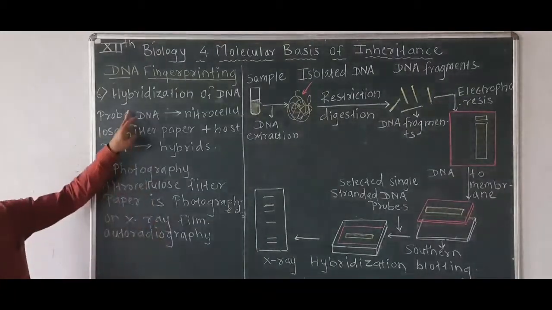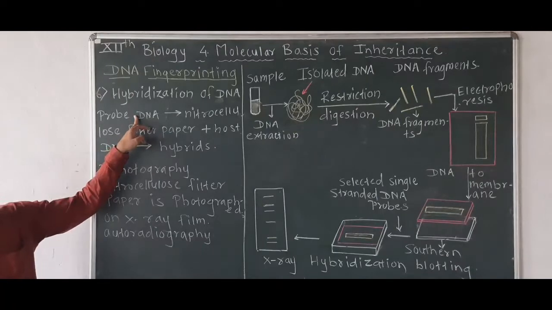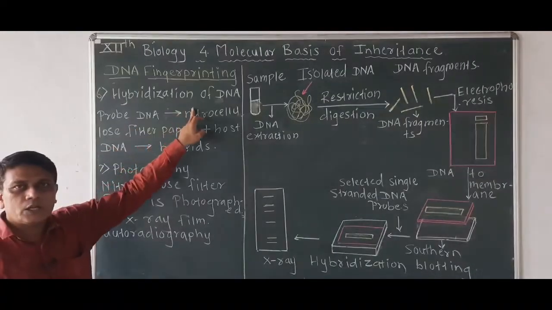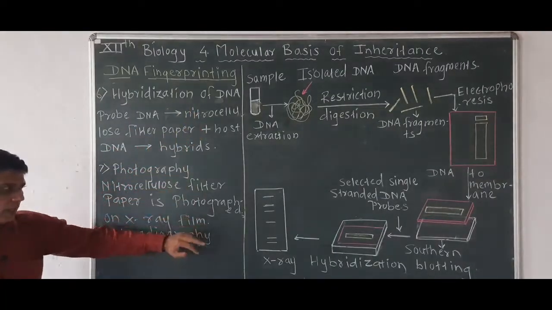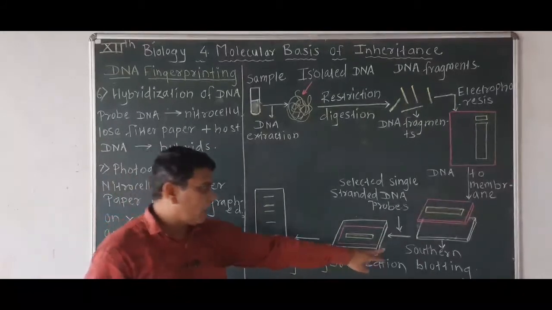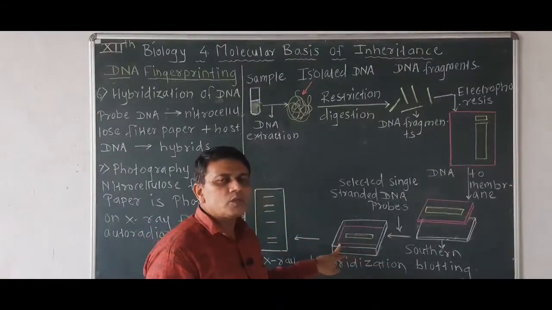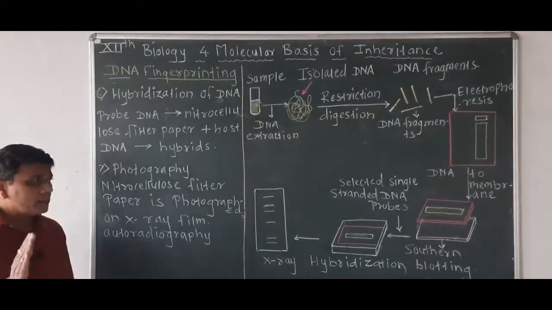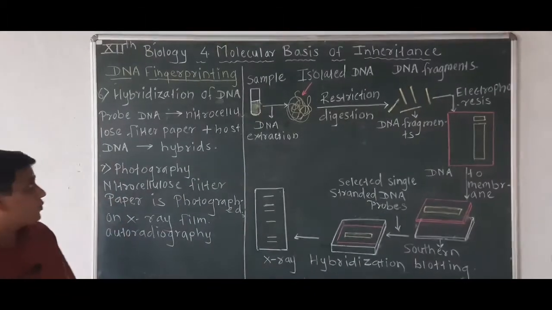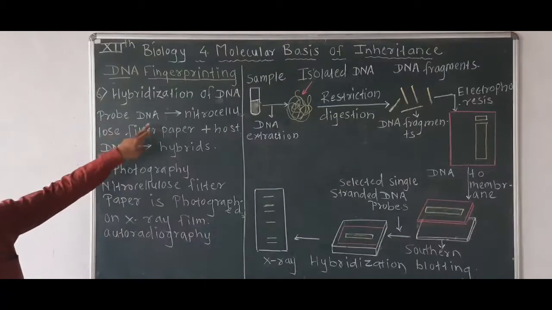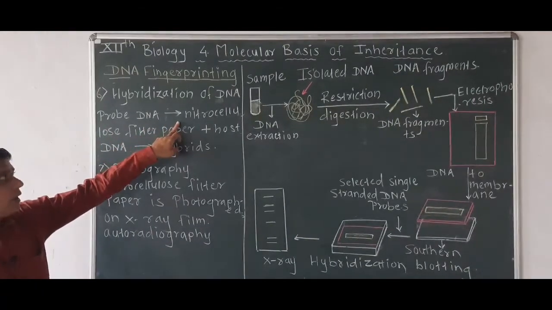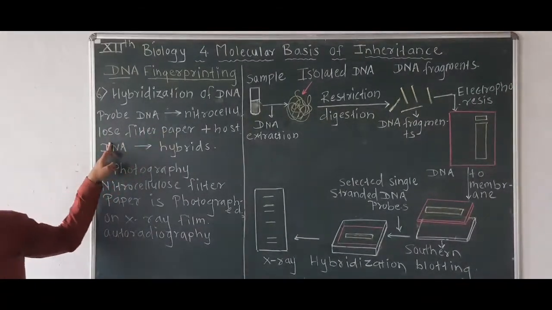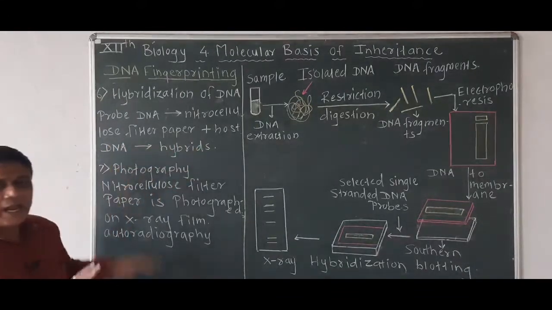The next step in DNA fingerprinting is hybridization of DNA. Now after Southern blotting, the hybridization process is carried out. So the selected single stranded DNA probes are again placed on nitrocellulose filter paper and the host DNA is added.